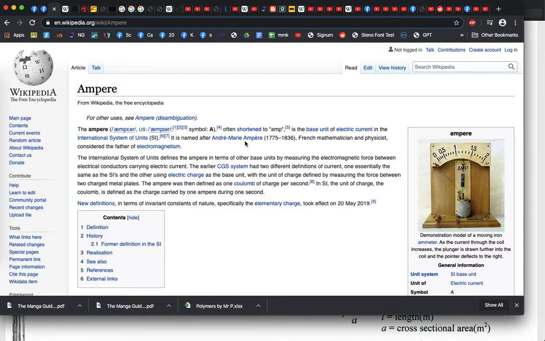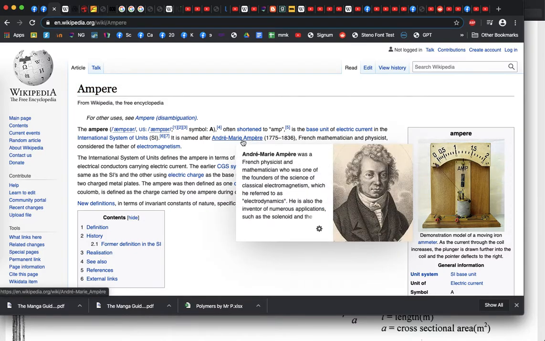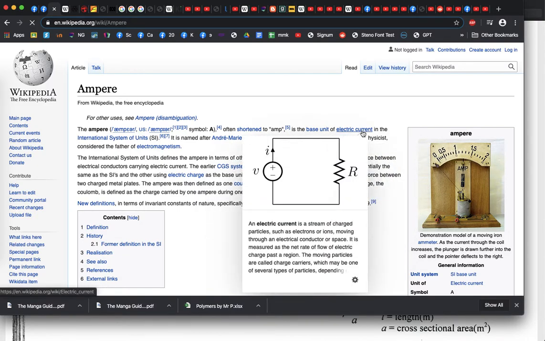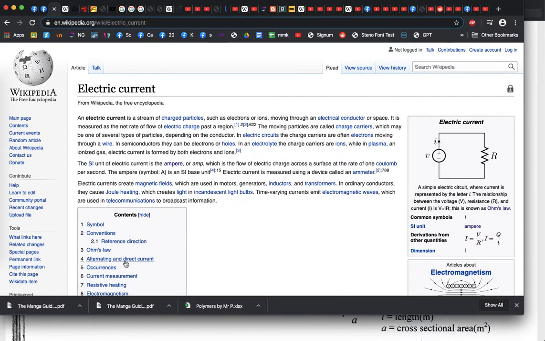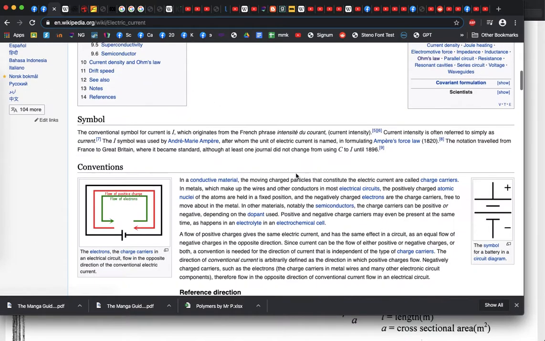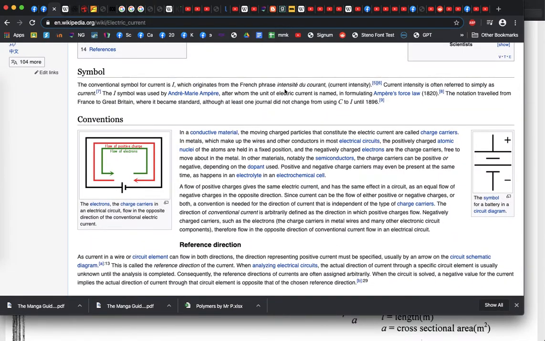It's named after Andre Marie Ampere, and the amp is the measure of electrical current, and electrical current has the symbol, if we just scroll down, I, which stands for intensité du courant, the intensity of the current, right? Why they couldn't just use C?